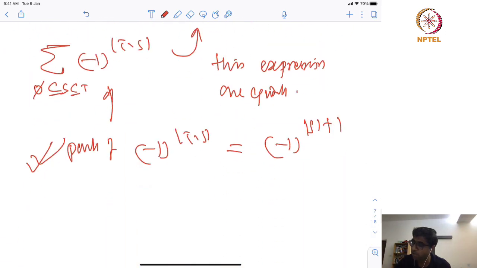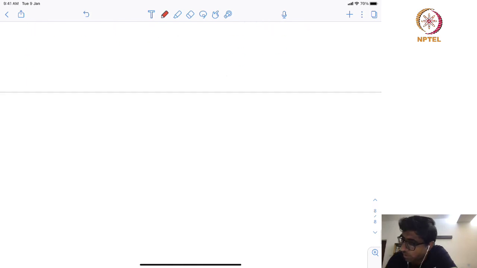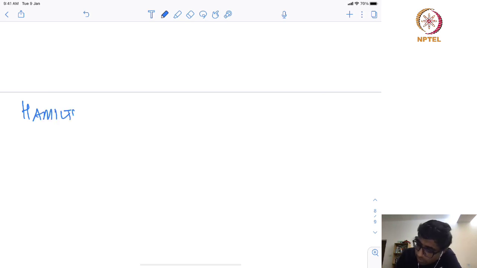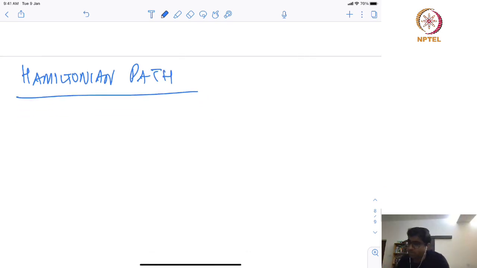To use it algorithmically, I am going to explain via an example, and we are going to derive an algorithm for Hamiltonian path, or say Hamiltonian cycle. Let us say we are interested in Hamiltonian path.